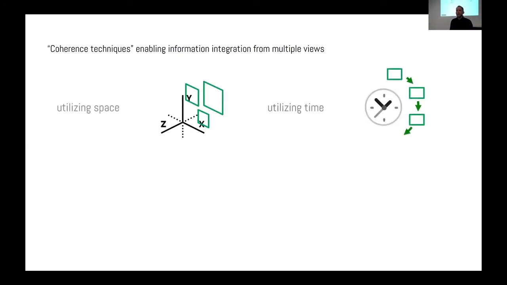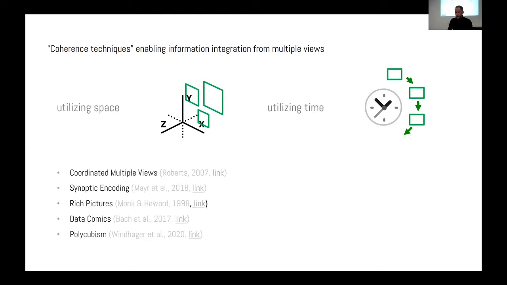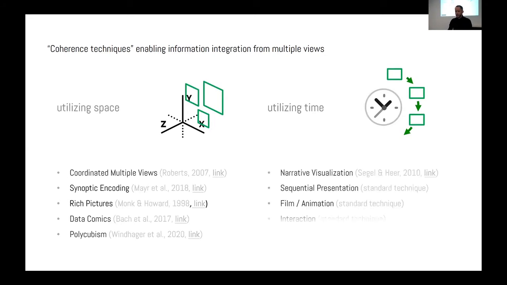So we need techniques that somehow bring these different views together. Right, there would be an interesting theoretical discussion. We can just skip this one and say, if you're interested in different techniques, how to connect your map with the network and the timeline and so on, you can follow these links that we put in there.